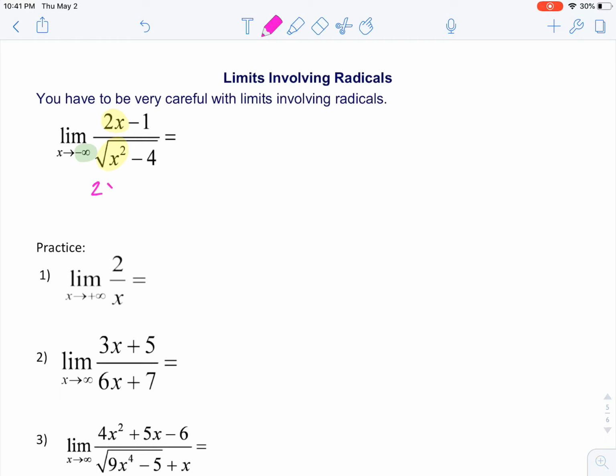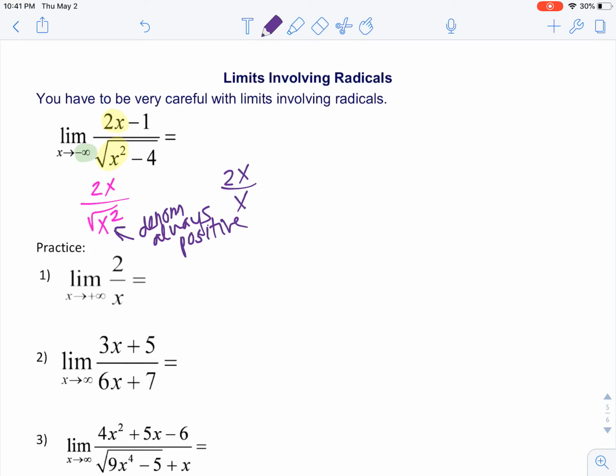So this is 2x over radical x squared. Okay, now if we think about the denominator, since this x is going to be squared, our denominator is always going to be positive, which is good because we want positive for a radical. So the denominator is always positive, and let's just simplify that a little. We can write that as 2x over, radical x squared is x.